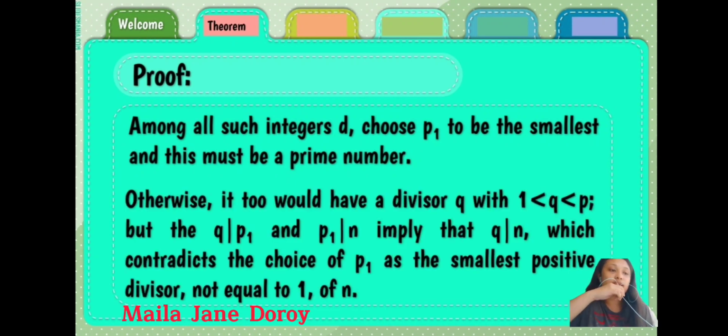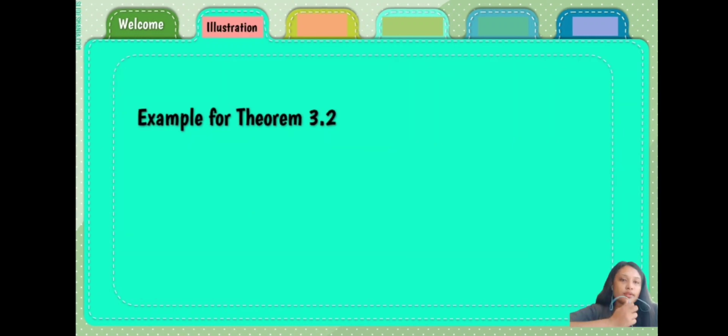Otherwise, it too would have a divisor q, with q greater than 1 but less than p sub 1. But q divides p sub 1 and p sub 1 divides n imply q divides n, which contradicts the choice of p sub 1 as the smallest positive divisor, not equal to 1, of n.